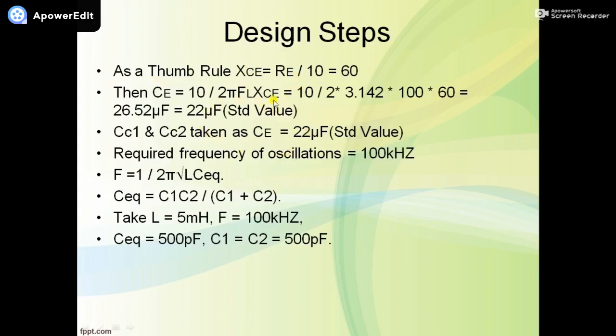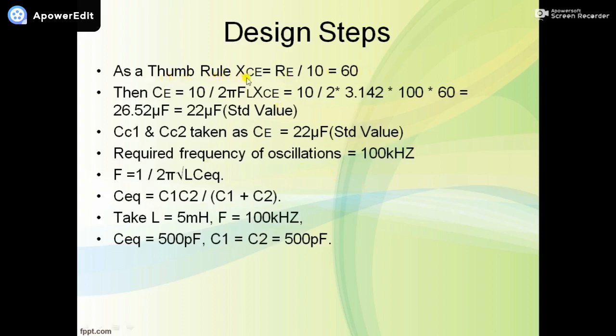In this slide our aim is to design the values of the capacitors: coupling capacitors, the emitter bypass capacitor, and C1, C2 and L, because in the tank circuit we are using C1, C2 and L. Based on the values of L, C1, C2 in the tank circuit, it generates the frequency of oscillations at the output side of the LC tank circuit.